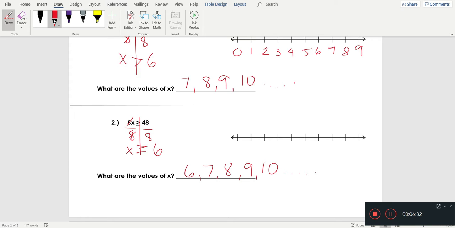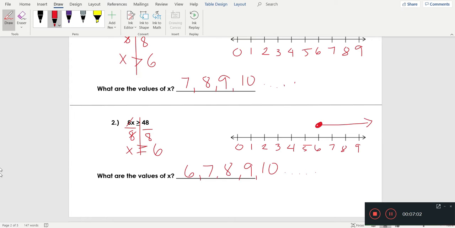So on my graph, I have 0, 1, 2, 3, 4, 5, 6, 7, 8, 9. Because the value of x includes 6, I'm going to shade it here. That's the reason why it is shaded now. x is greater than or equal to 6, so 6 and up.